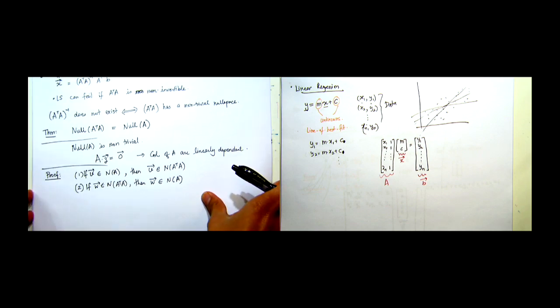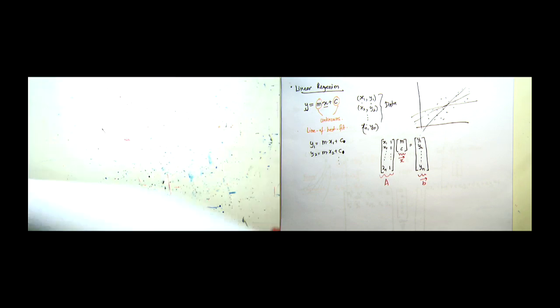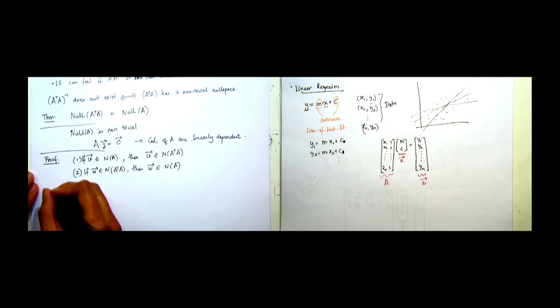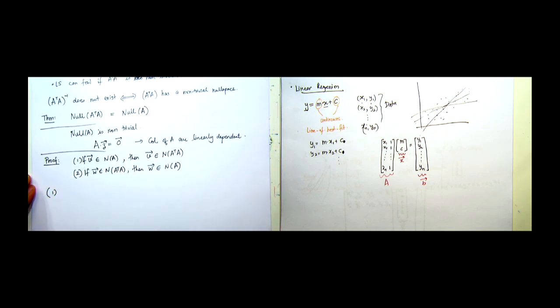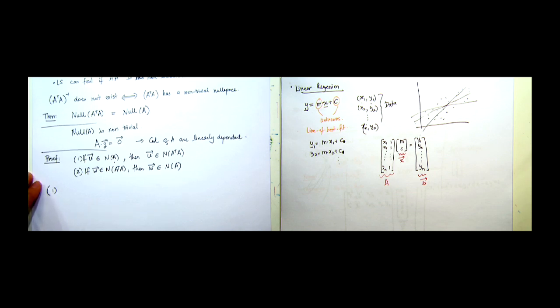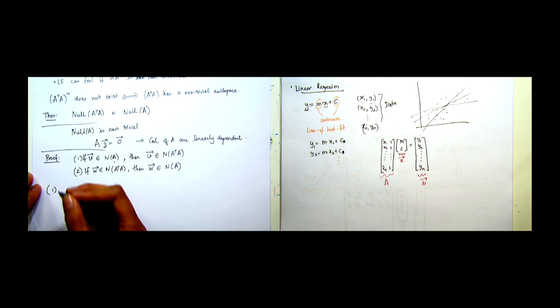Okay, in the interest of time, let's start working on this together. So, let's look at the proof, part 1. We say if V belongs to the null space of A, then V belongs to the null space of A transpose A. So let's say V belongs to the null space of A. What does that mean? What's the first thing you want to write down?